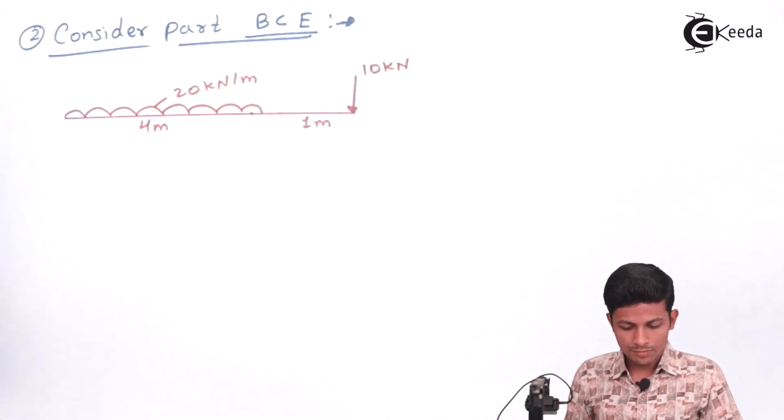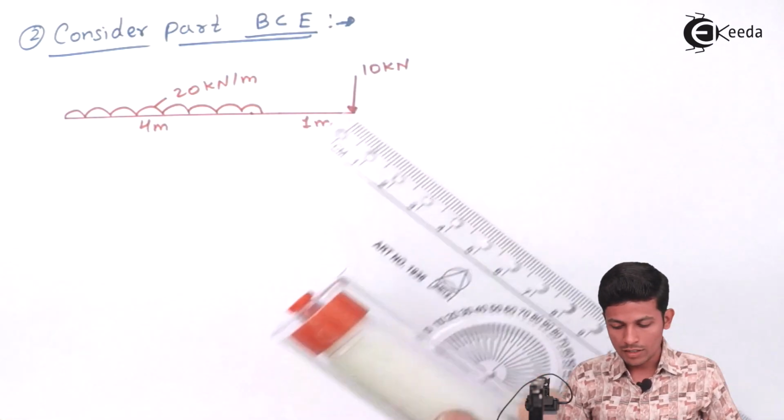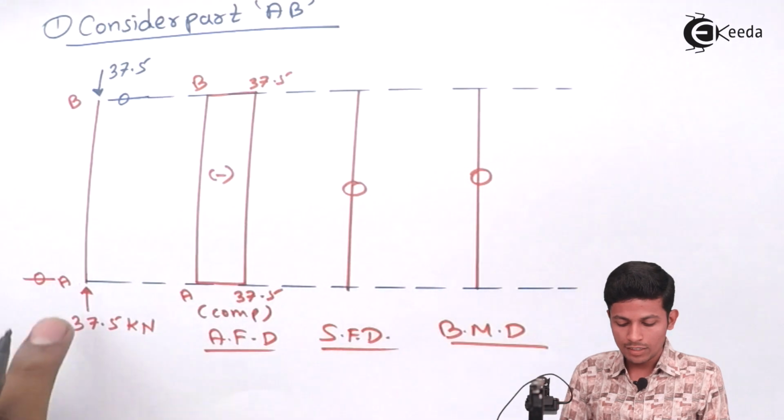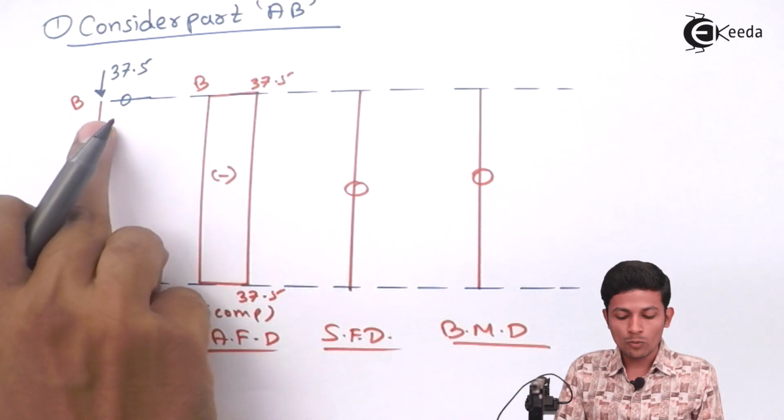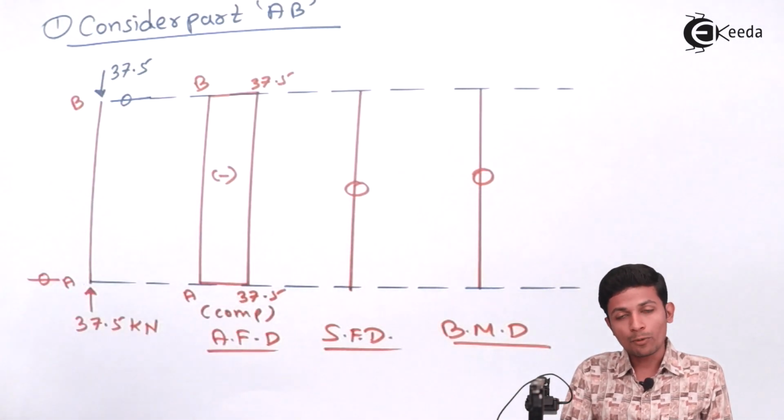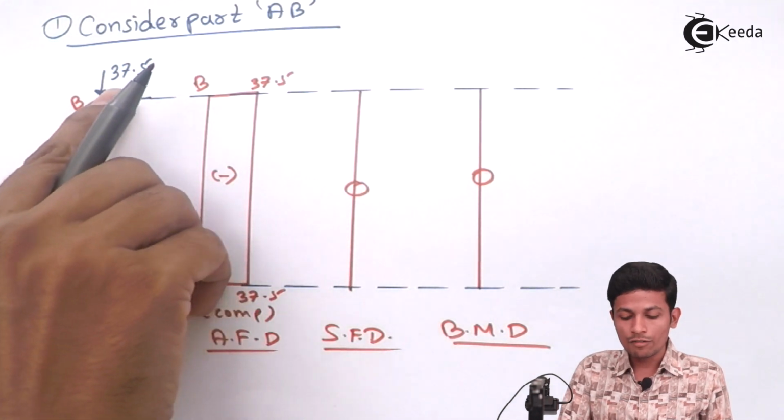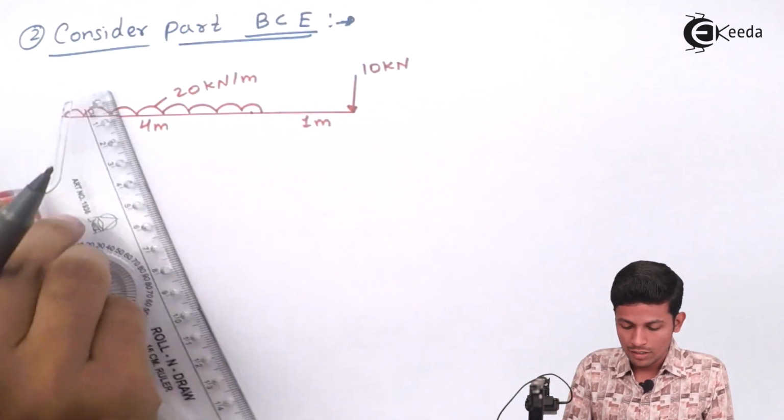Now see, as you know students, this 37.5 goes downward, so to balance it at point B of BCE, you have to take upward 37.5.